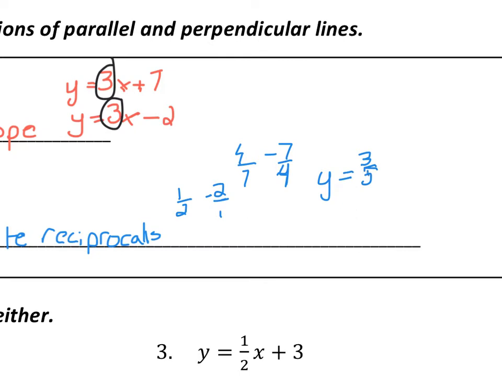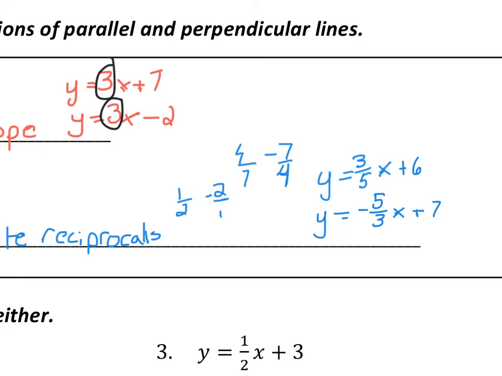I'll try to write that a little better for you here. y is equal, and the other line might be something more like y is equal to negative 5 over 3, so the fraction is flipped, has an opposite sign, it's negative instead of positive, plus 7 or something like that.